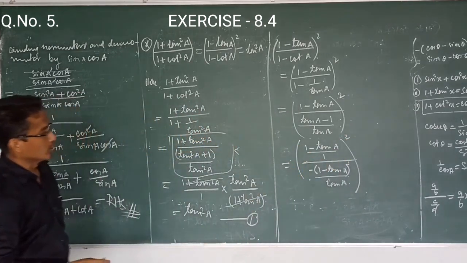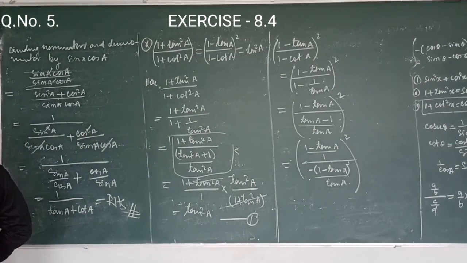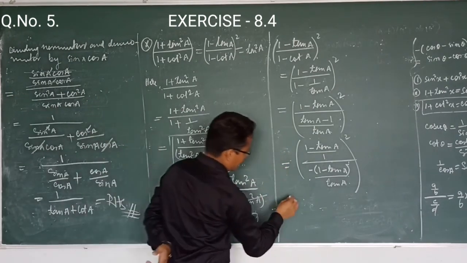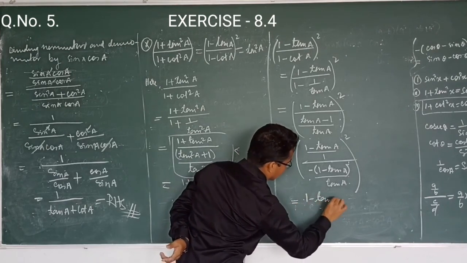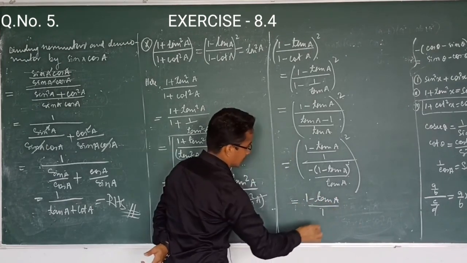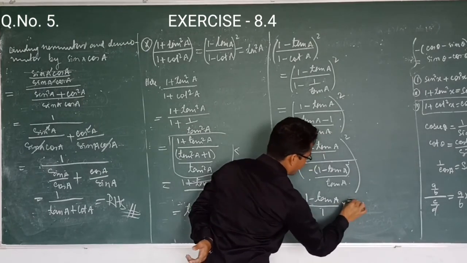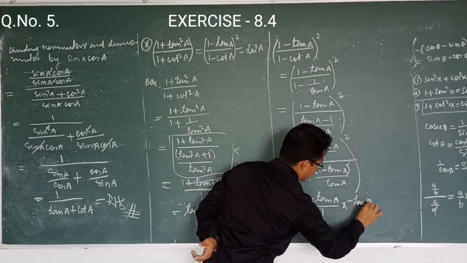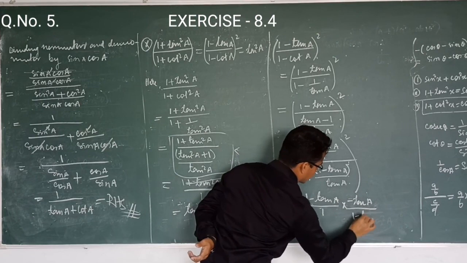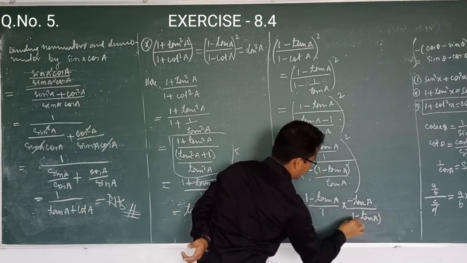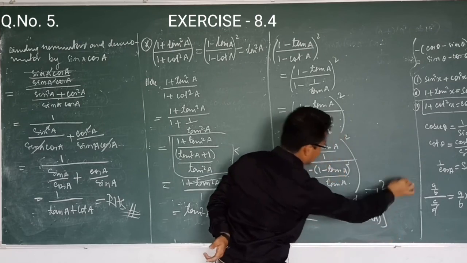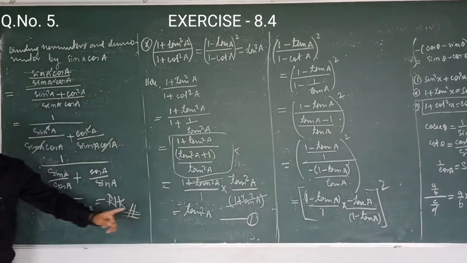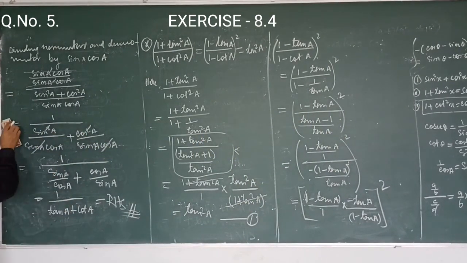After that we will write (1 − tan A)/1 into (−tan A)/(1 − tan A).